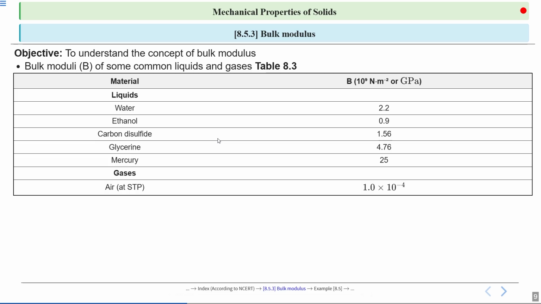So water has a bulk modulus of 2.2, while mercury is much higher at 25. For gases like air, the value is extremely low, of the order of 10 raised to the power minus 4.